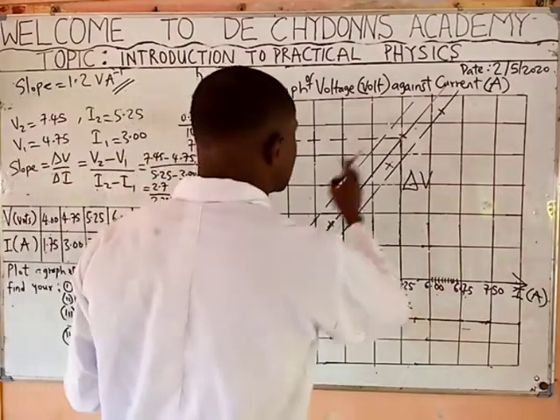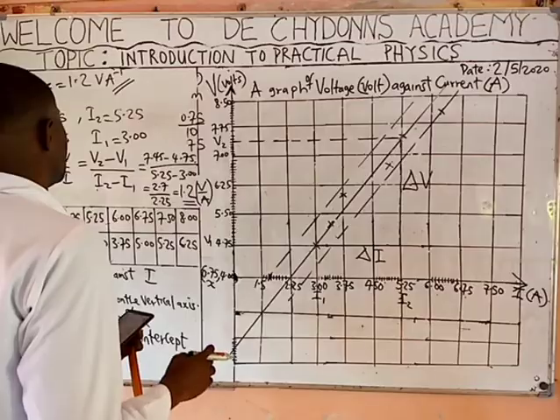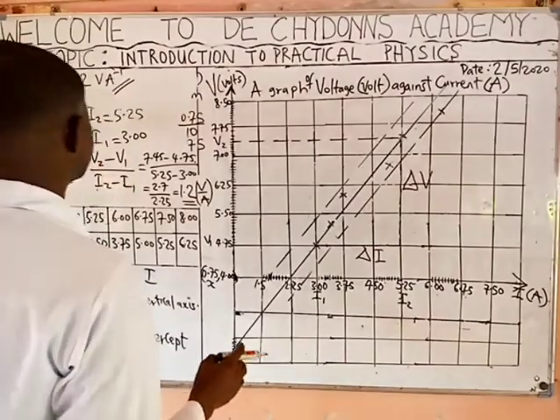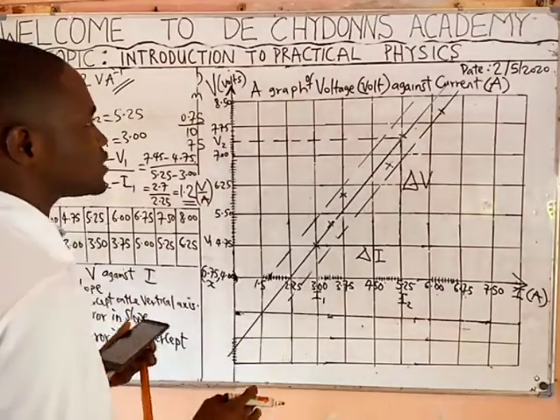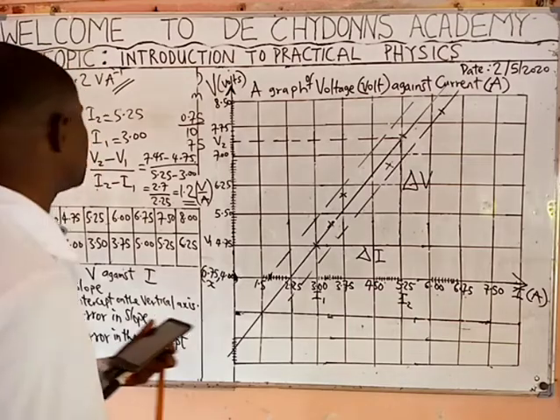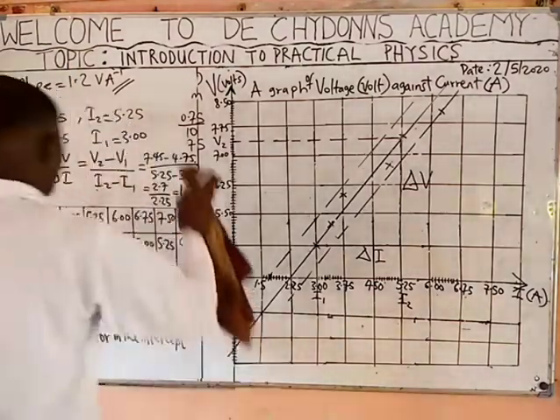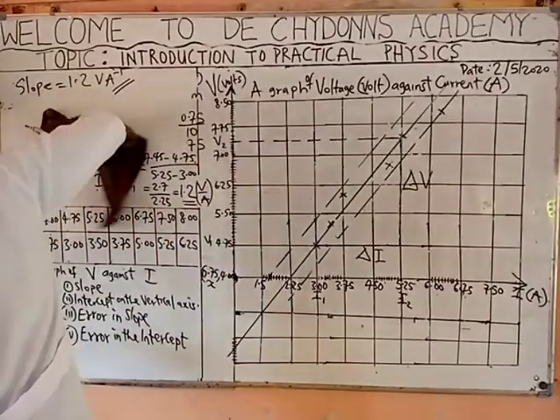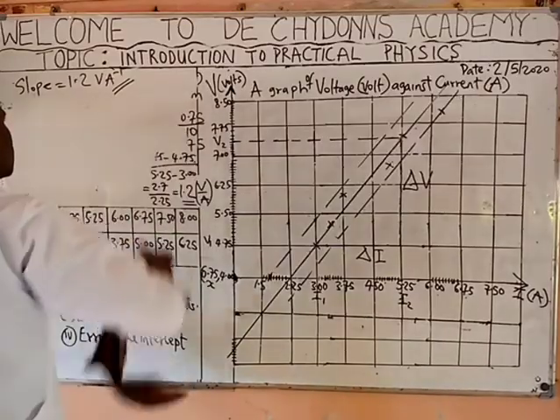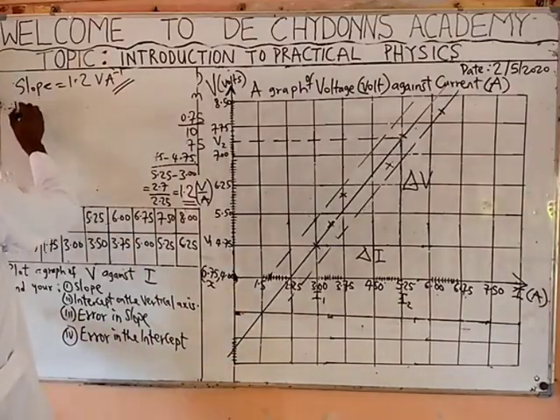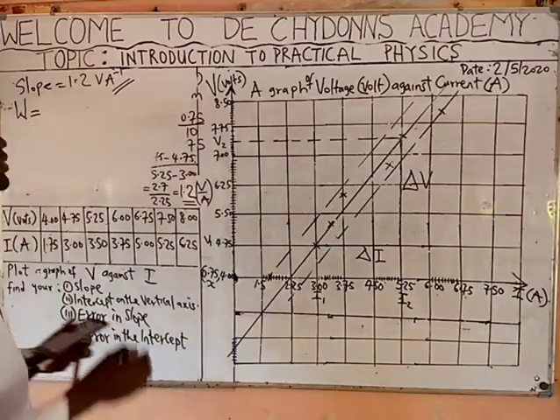Then, after getting your slope, you can be asked to get your vertical scatter. How do you get your vertical scatter? We have gotten our slope to be 1.2. Then, vertical scatter is noted with W. How do we get it?